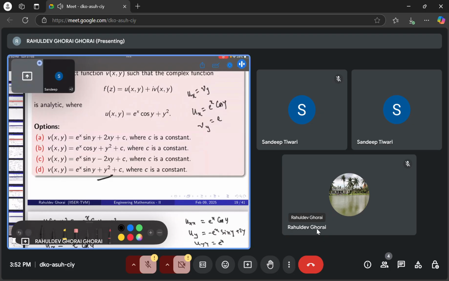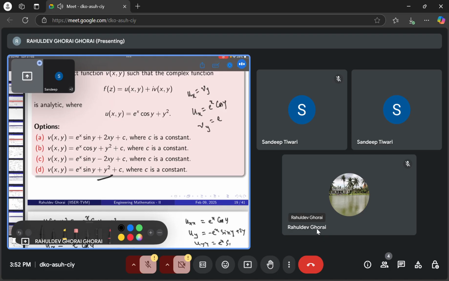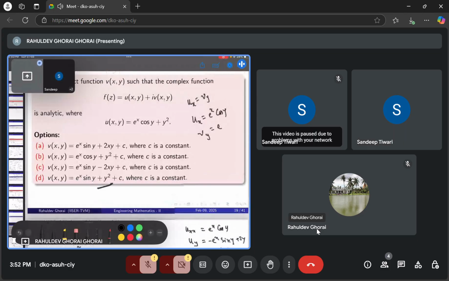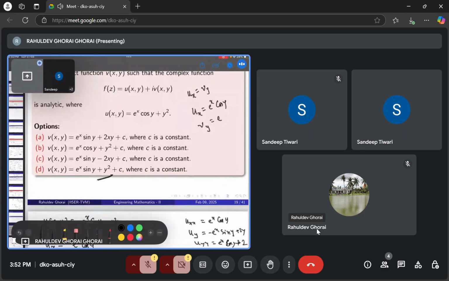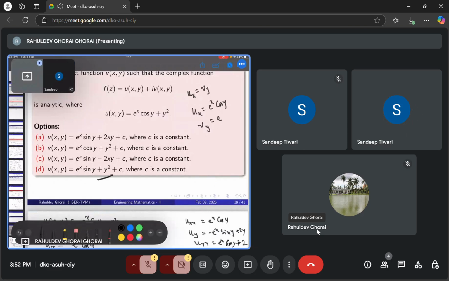Yes, yes, e to the power x cos y plus 2 will be there. I understood that, that's why I'm not writing. The thing is how to make it harmonic, just leave the y square, but then the options will be different.